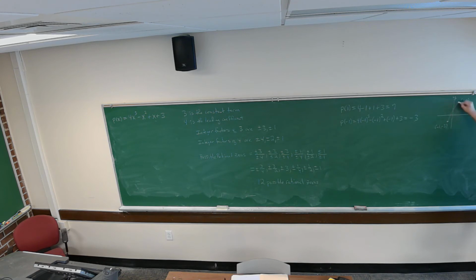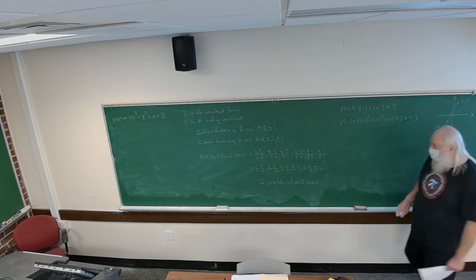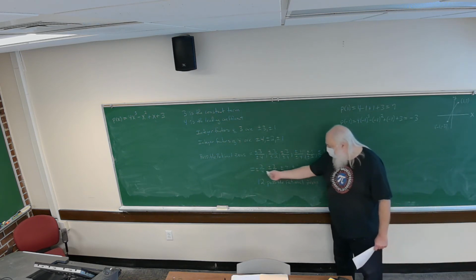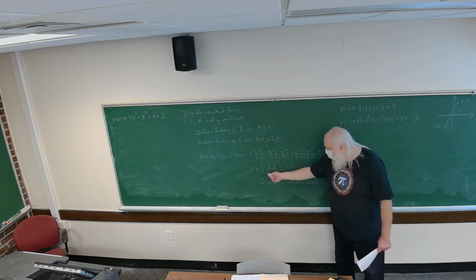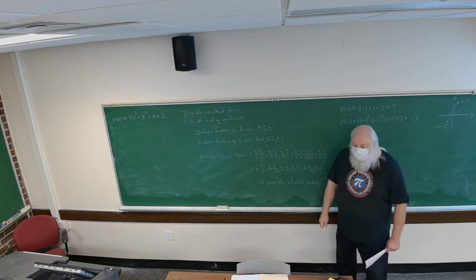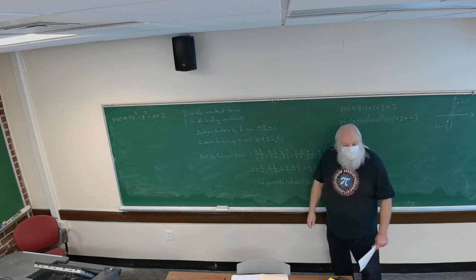So to go from here to here, the graph has to cross the x-axis. So there's a 0 between x equals minus 1 and plus 1. Now, unfortunately, we have a lot of choices, a lot of possible zeros, rational numbers between minus 1 and plus 1. But it helps narrow things down.